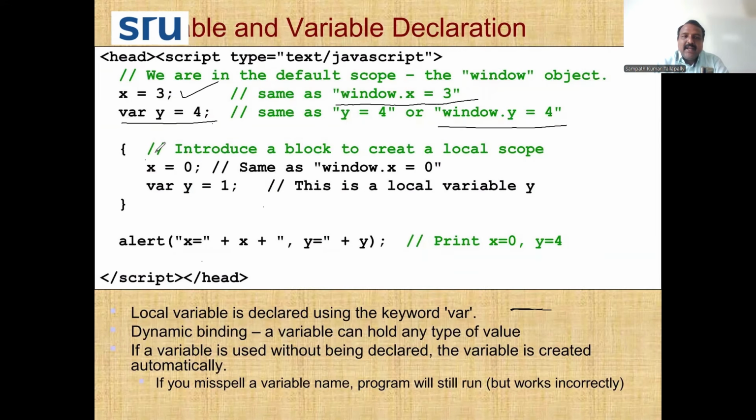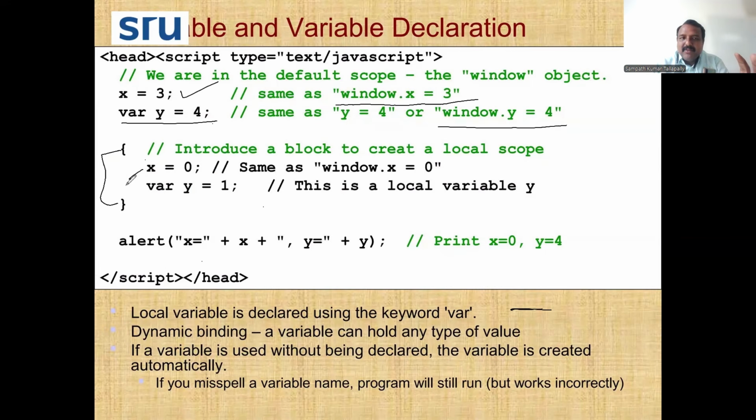We can also create a block in your script where there is no exact relationship between the variables within the block and outside the block, though the name is the same.